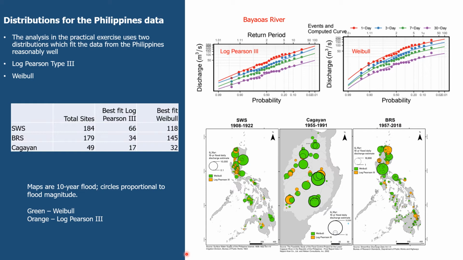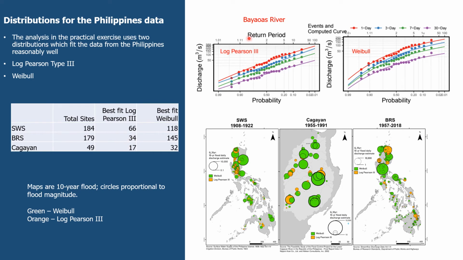So you can see, for example, in the Cagayan, it's nearly all Weibull fits that are best, and in actual fact, for the rivers across the Philippines with the biggest floods, it tends to be the Weibull distribution that works best. An exception maybe being up here in northeastern Luzon, where the log Pearson type 3 works for the largest floods, and you can see that there are other regions where the log Pearson type 3 does give slightly better predictions.